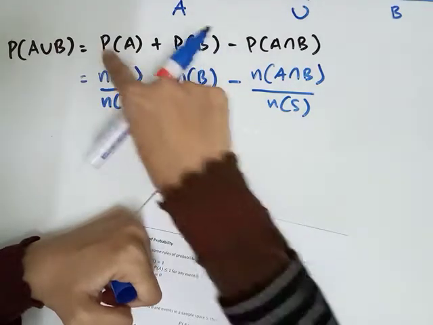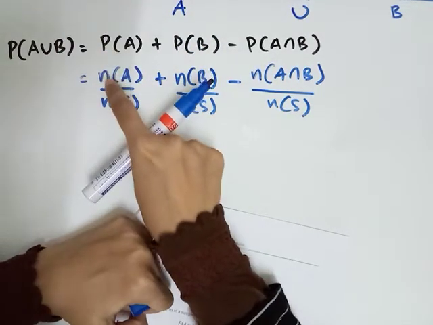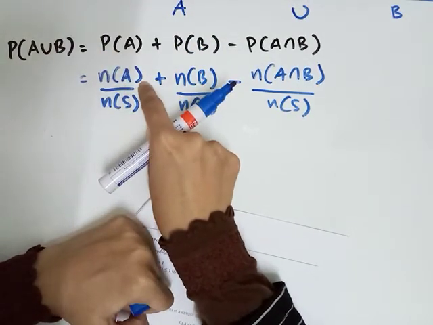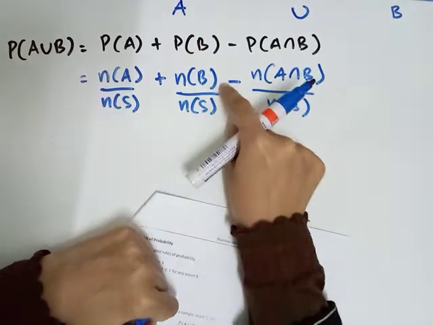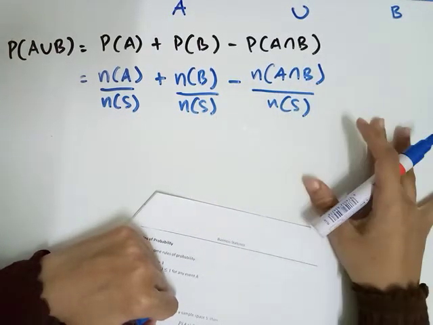So, bila soalan minta probability, that means awak kena cari dia punya number of elements dalam set A, sample space, set B and A intersect B.